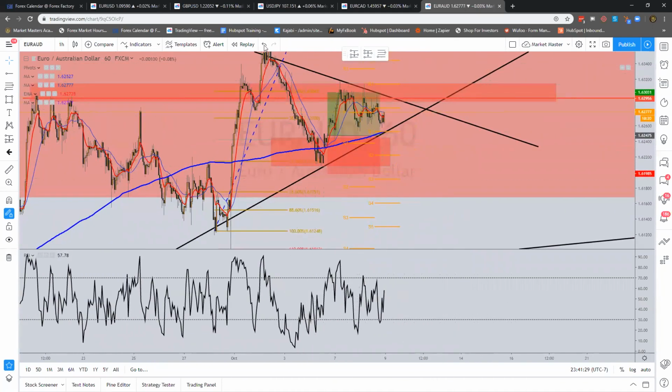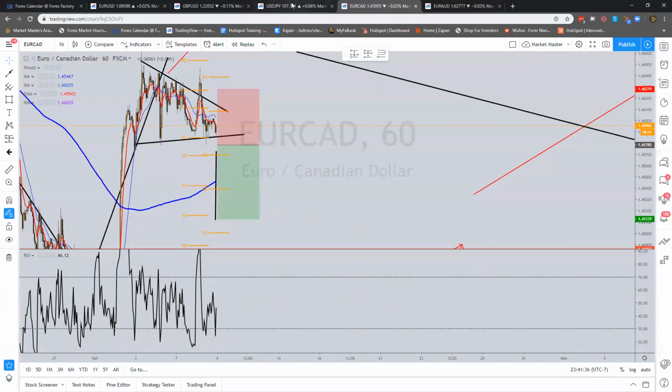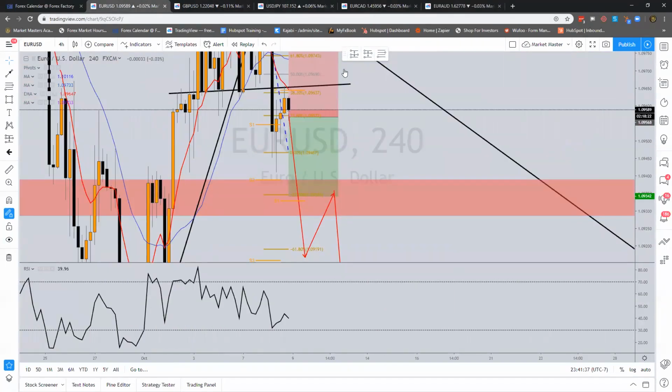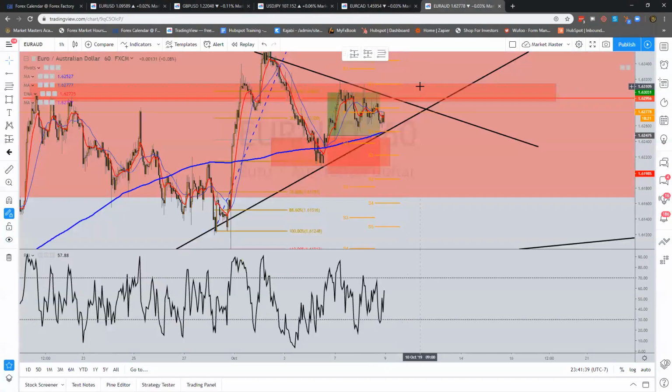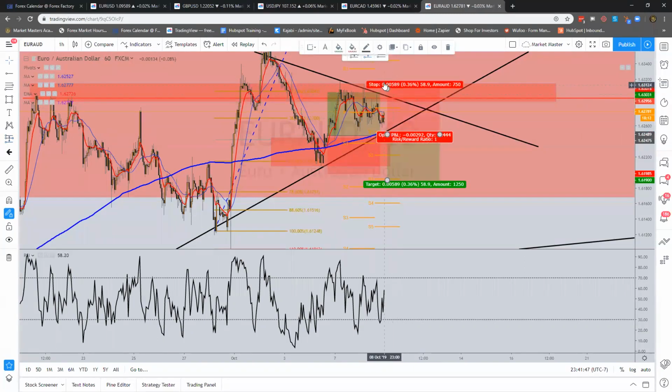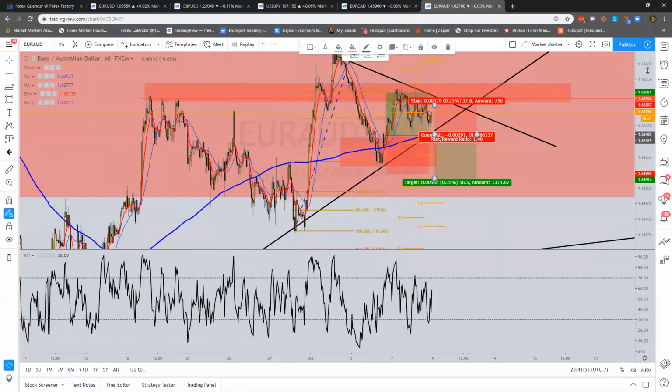But in this situation, we do have that resistance. We also might be seeing price going down just based off of what we see on Euro CAD and Euro USD. So far from what I'm seeing, it looks like price is expected to go down. So we're just waiting for that breakout. Especially if it breaks below this S1, support 1, I would put stop loss above the pivot point, take profit just based off of this.